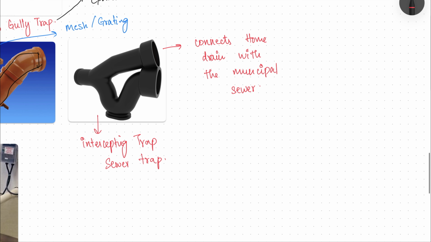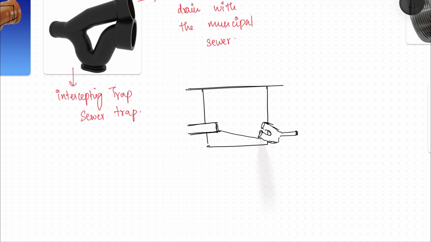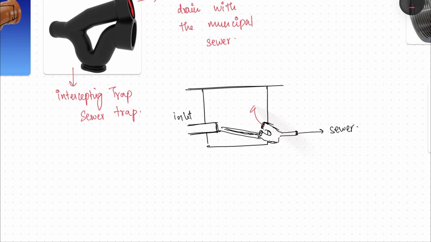I'll just draw a quick section here to show it. So imagine this is how the channel is flowing. This is your inlet, and this takes it to the municipal sewer. And one of the pipes, the topmost usually, is covered with a plug.